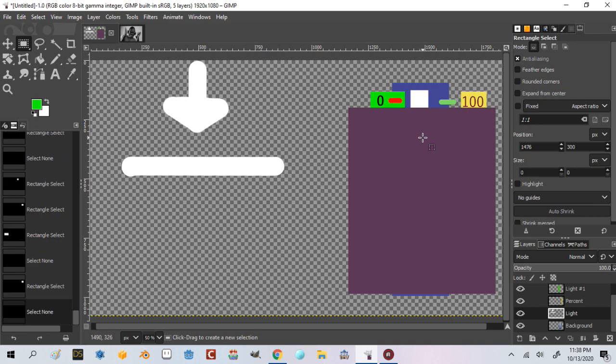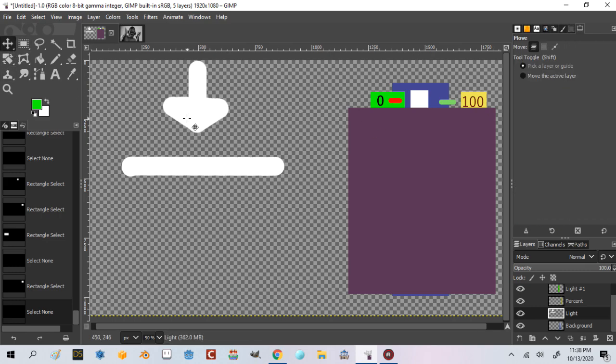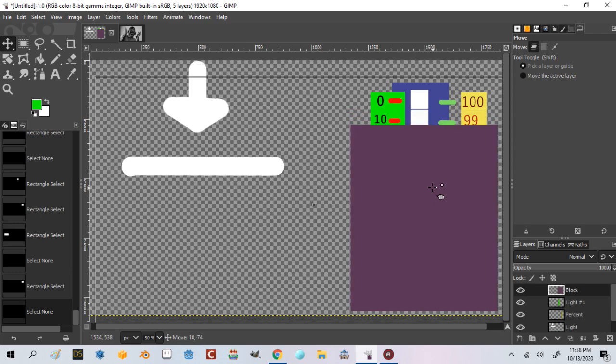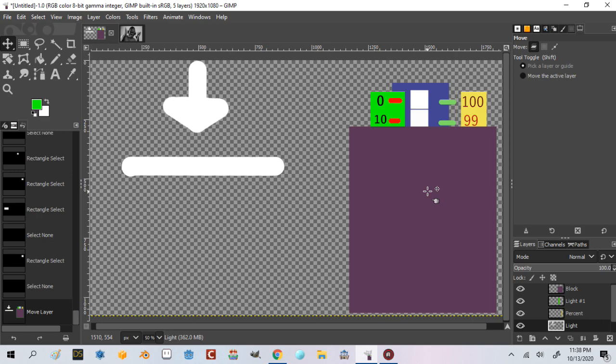Alright guys, it's going to be kind of funny because at a 10% incline, we are getting 99% brightness. I know, right? Mind blowing. You'd be like, wait a minute. But we're still experiencing 99% brightness.